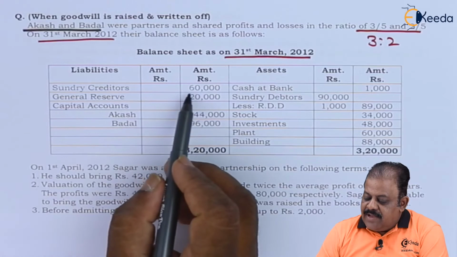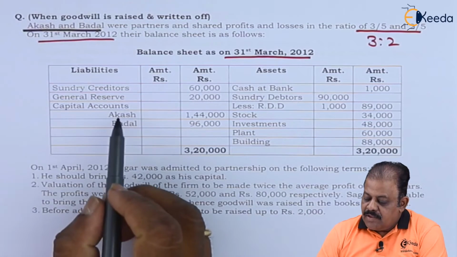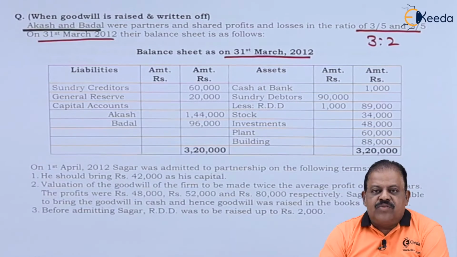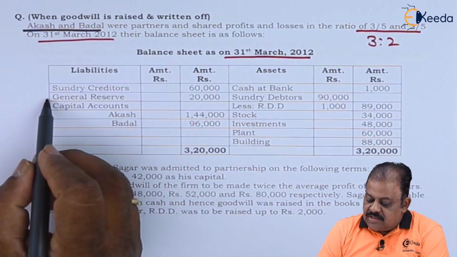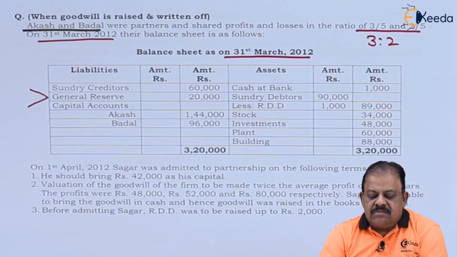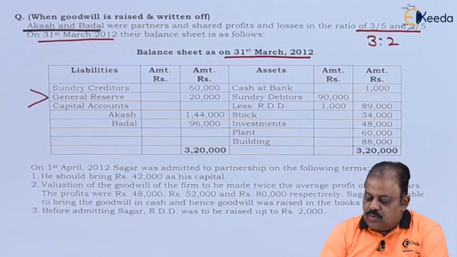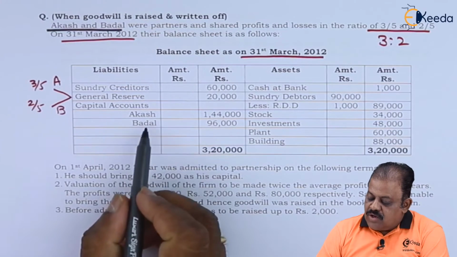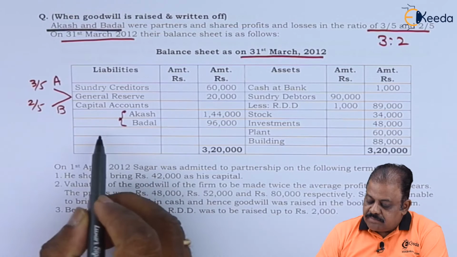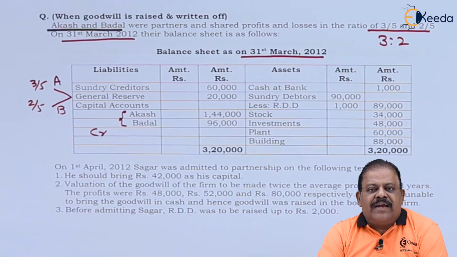On the liability side, we have sundry creditors 60,000. General reserve 20,000. This general reserve will be divided among old partners, that is Akash and Badal, in the ratio of 3:2.